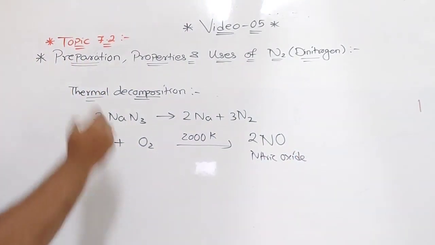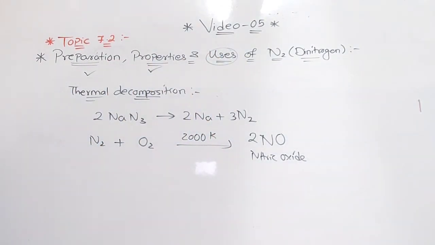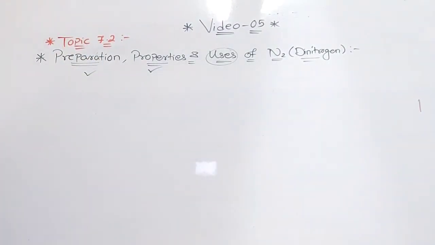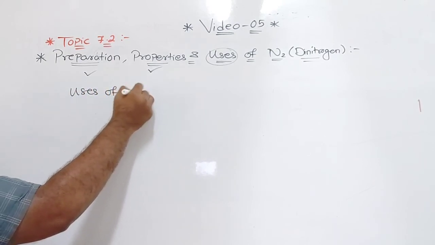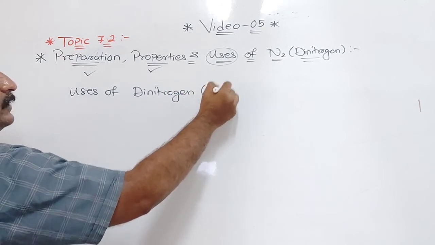Now the last part. See, preparation over, properties over. Now we are going to talk about uses. So now the uses of dinitrogen, that is N2.